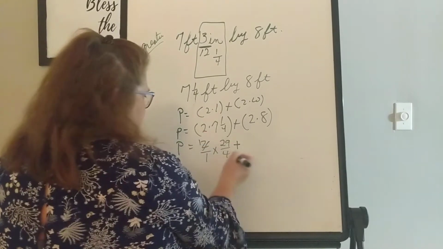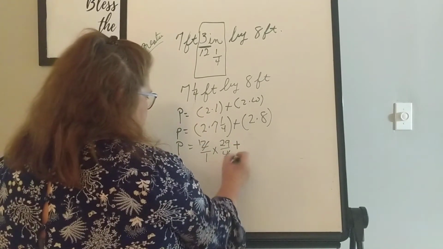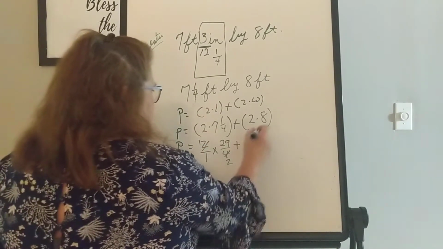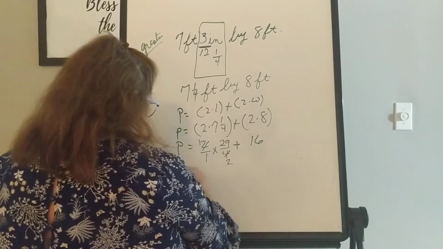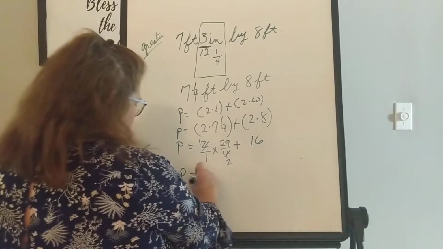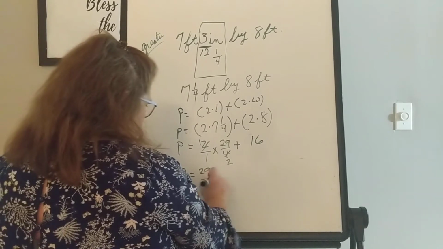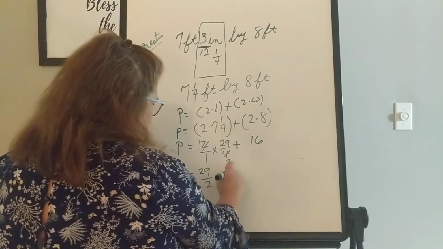2 will go into 2 one time, 2 will go into 4 2 times, okay? Plus 16. So now we have perimeter equals 29 over 2 plus 16.